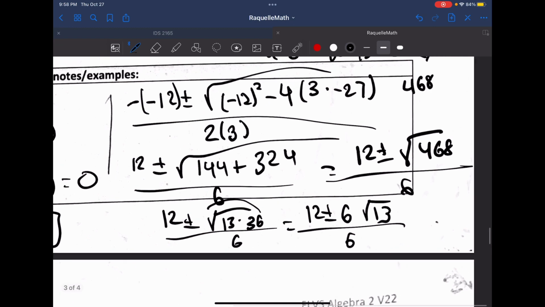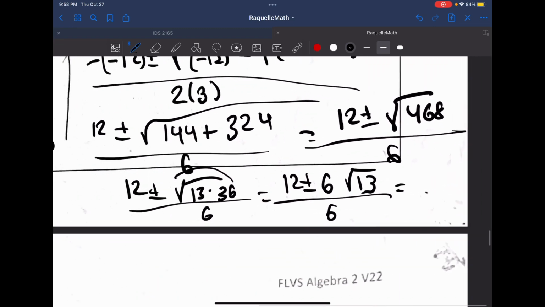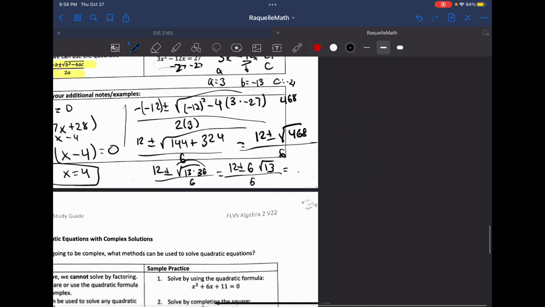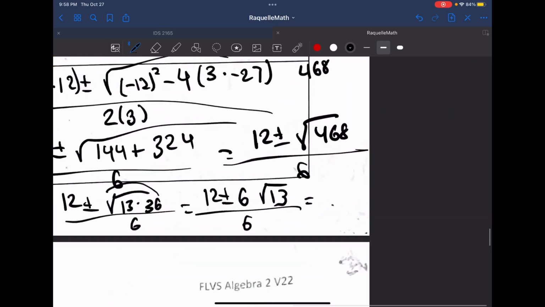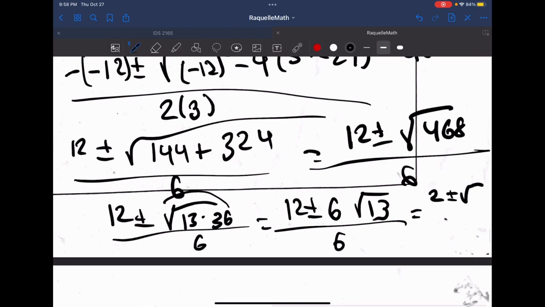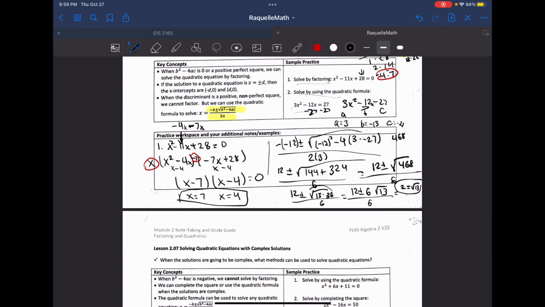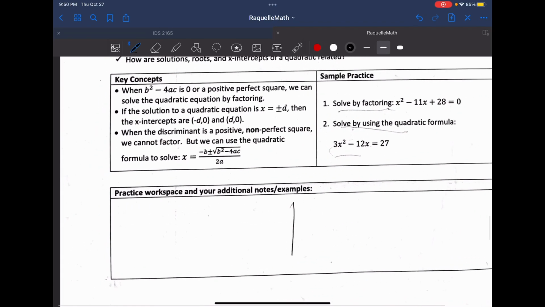So then simplifying, the answer for this is 2 plus or minus the square root of 13. So that is our final answer for solving by using the quadratic formula.